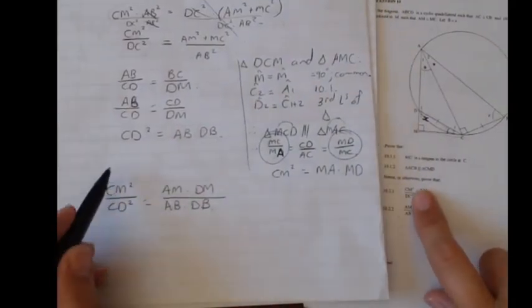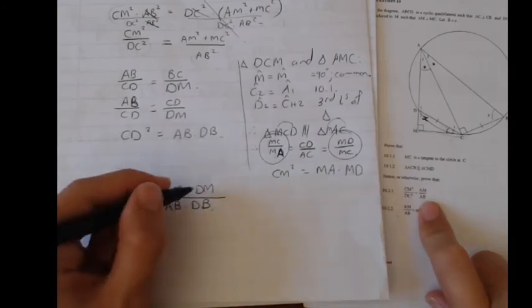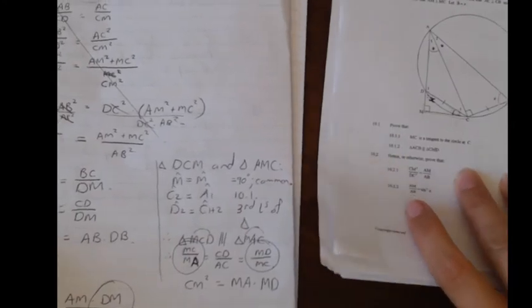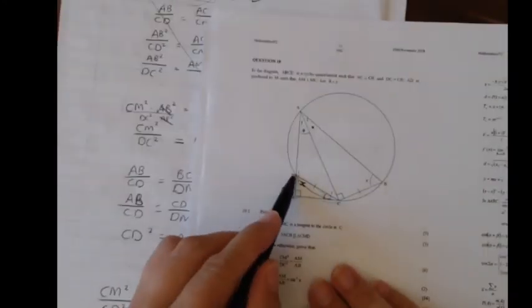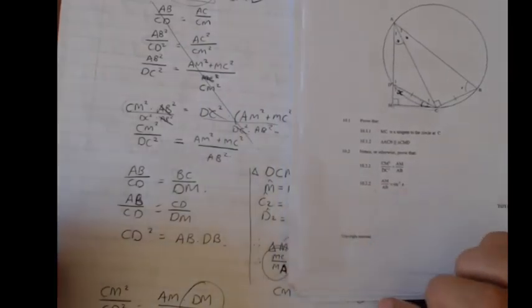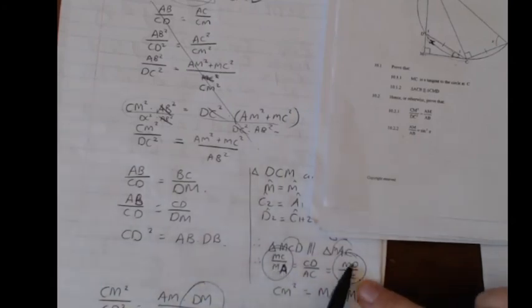You see CM squared over CD squared is AM over AB. So I want the DM and the DB to cancel somehow. Have I now done this wrong? MC, MA times MD.